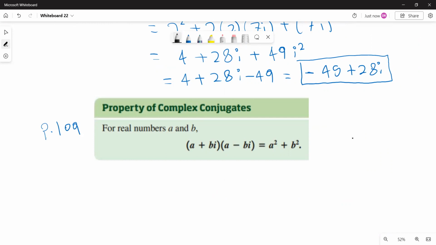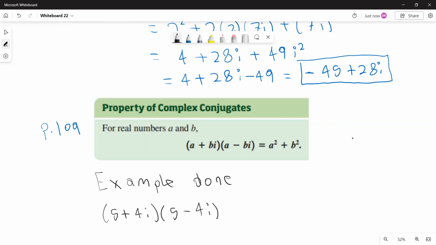And the example that we did was 5 plus 4i and 5 minus 4i. The answer was 41 because this is 5 squared plus 4 squared, or 25 plus 16, which is indeed 41. So that will allow us to write a quotient of complex numbers in the form a plus bi.